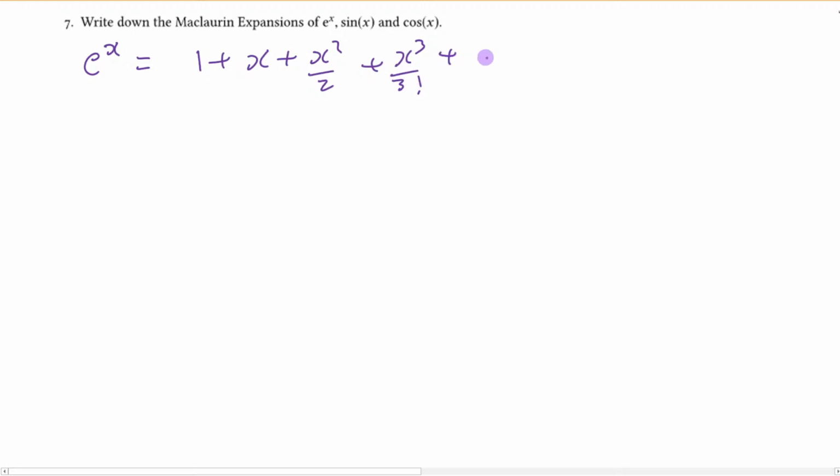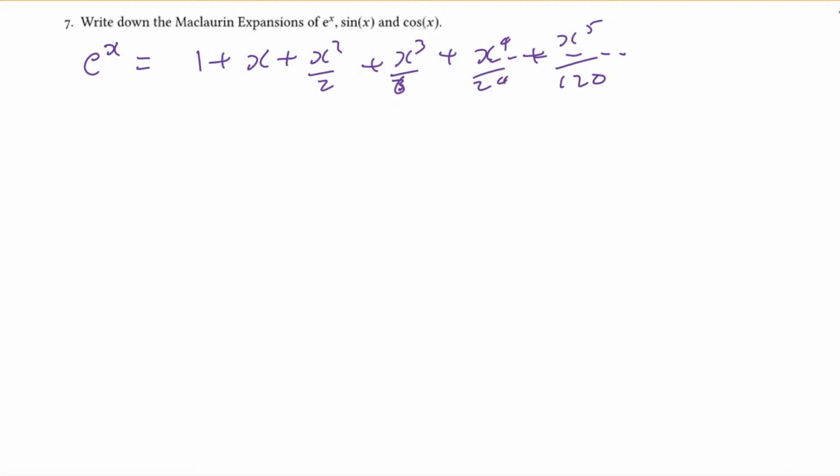Right, so if we do e to the x first, e to the x equals 1 plus x plus x squared over 2 plus x cubed over 3 factorial plus and so on. Actually, I'll go a little bit further. I'm going to get x to the 4 over 24, that's 4 factorial, x to the 5 over 120. Probably for argument's sake, I should put over 6 for this one.